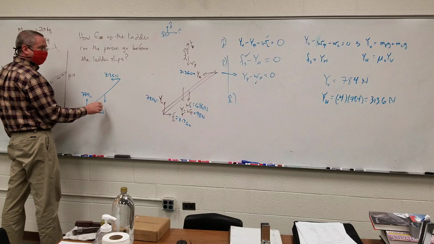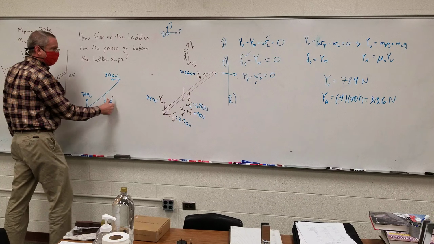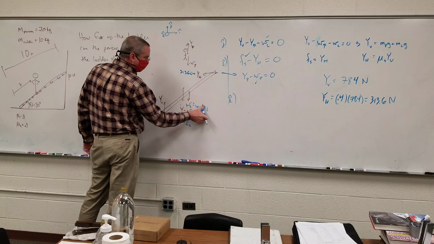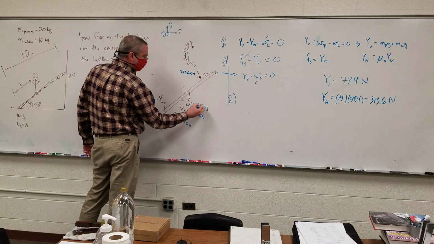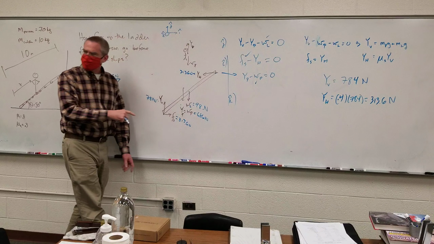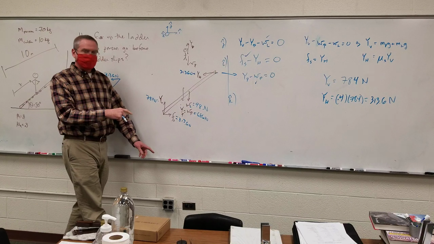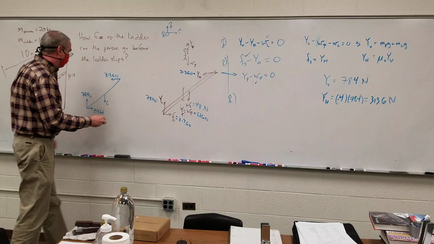This is in the middle of the ladder. I'm assuming the uniform ladder here is, ooh, I got those backwards. That's 98. And that's 686. Is that 686? Why is the weight of the person? Oh yeah, because the person weighs more. Yeah, it's 686. Okay.